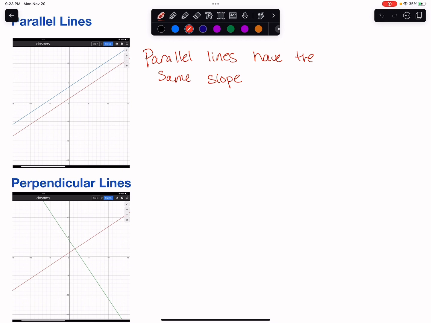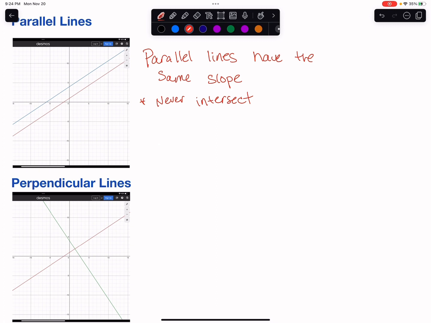So they have the same slope and they will never intersect because they have the same slope. So for example, if my slope is 1/2, any line that has a slope of 1/2 will be parallel to this line, okay? So that's parallel lines.